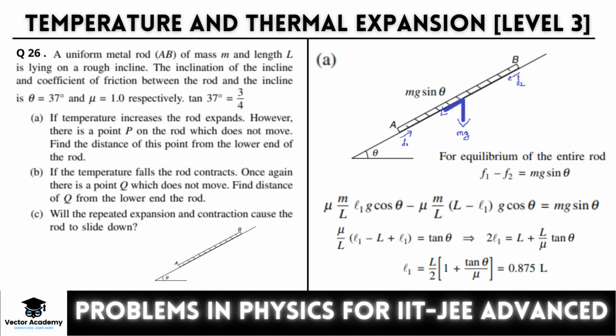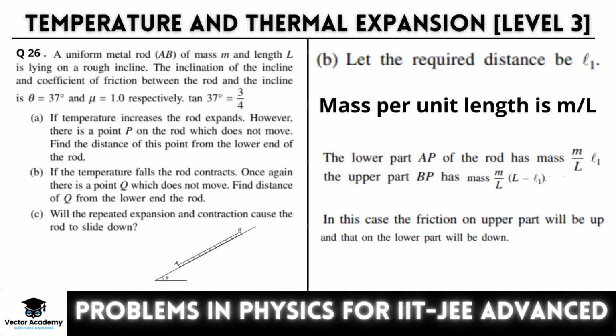Mu by L, (L1 minus L plus L1) equals tan theta. 2 L1 equals L plus L by mu tan theta. L1 equals L by 2 (1 plus tan theta by mu) equals 0.875 L.